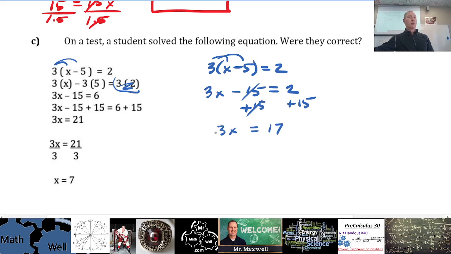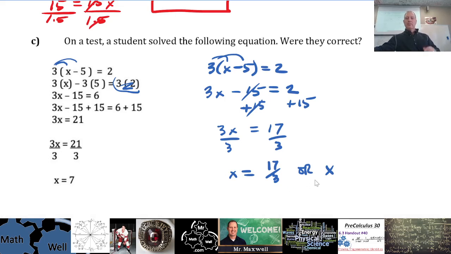Now I need to get rid of the 3, which is multiplied, so let's divide. X equals, can't simplify 17 over 3, doesn't look like, so 17 over 3 is just going to have to remain a fraction. If you want to write it as a decimal, you can, but fraction is just as good. Or you can just do that on your calculator.